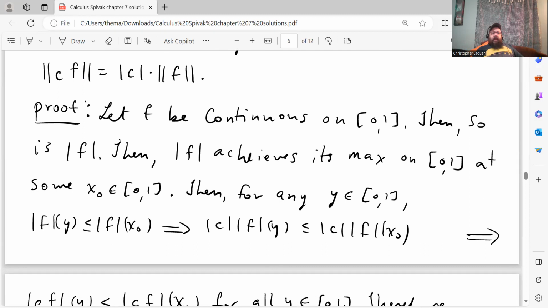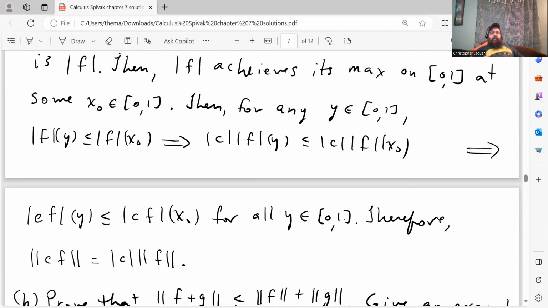That implies that if you multiply both sides of that inequality by absolute value c, which doesn't change the direction of the inequality because absolute value of c is non-negative, then you get basically what you want. So absolute value c times absolute value f of y is less than or equal to absolute value c times absolute value f of x0.